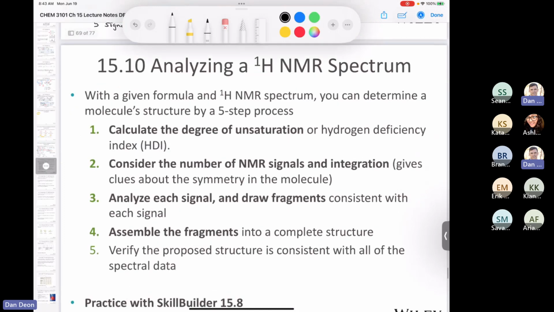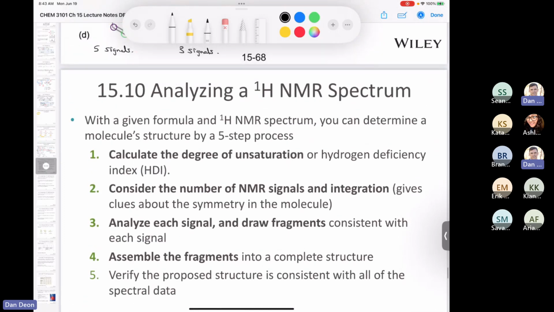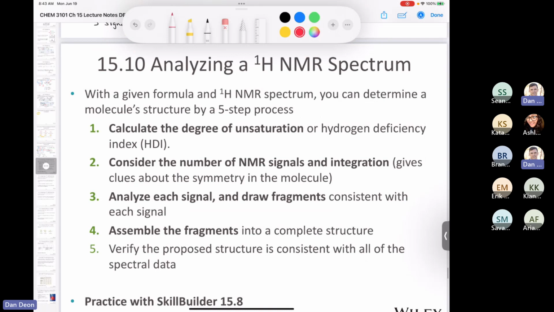But this is kind of the David Klein approach. I will not take credit for this. This is in your textbook. Dr. Klein wrote the textbook, and this is kind of his approach, and I take no exception with this at all. I think it's a great way of doing it. He loves to come up with steps, like just follow these steps.